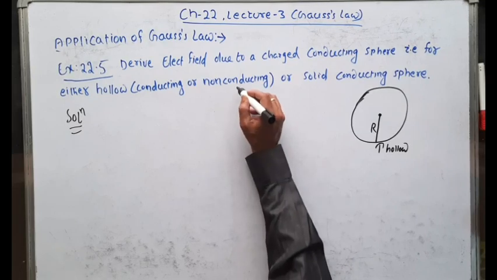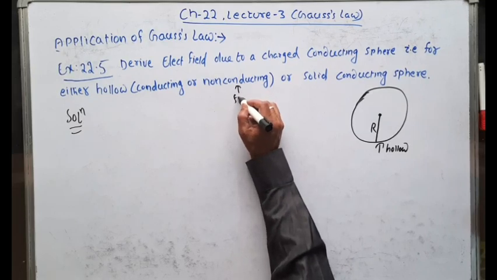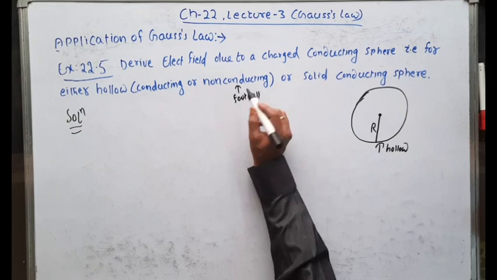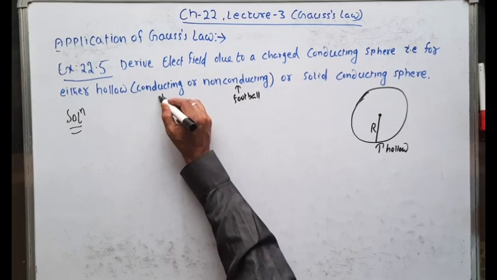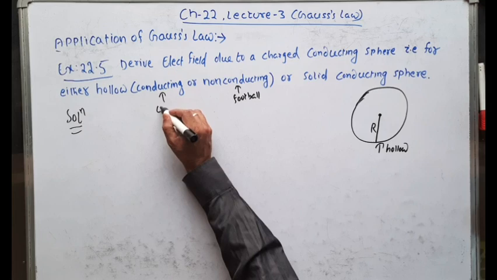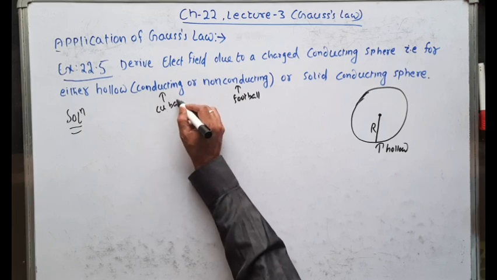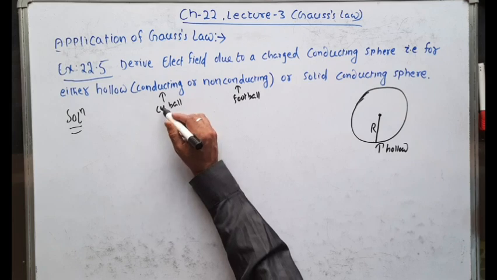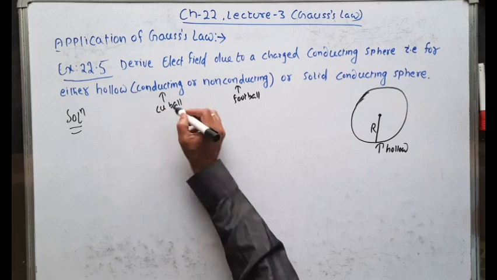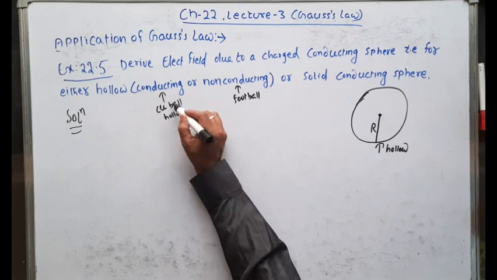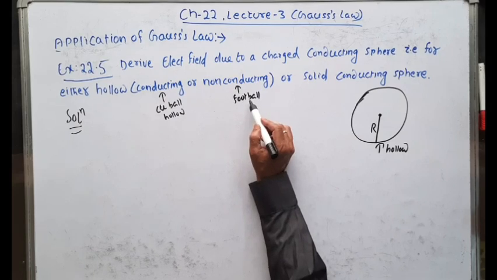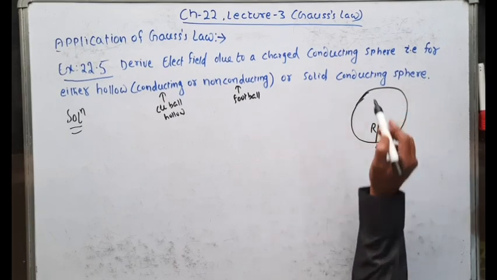A hollow non-conducting sphere means imagine it is a football, a non-conducting surface but hollow. A conducting hollow sphere means you take a ball made of copper, but hollow. So copper is conducting and it is a hollow sphere, while a non-conducting sphere means a football. Or you can take a solid conducting sphere.